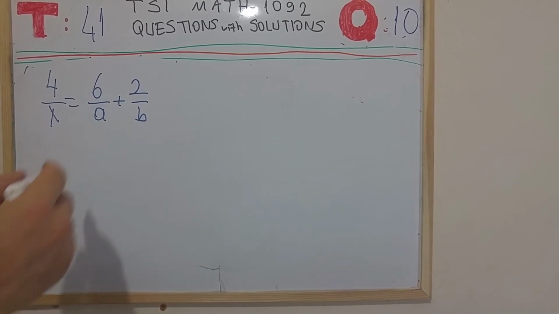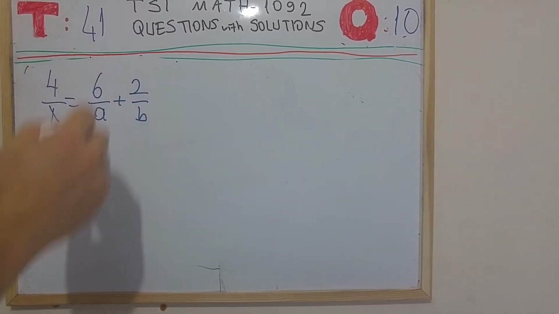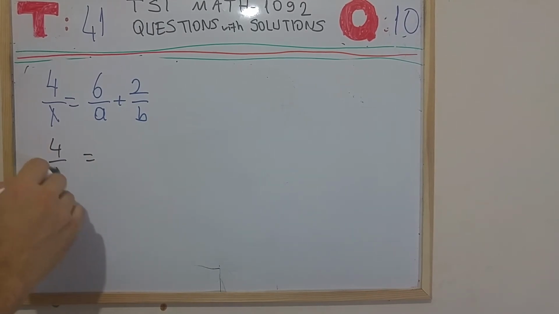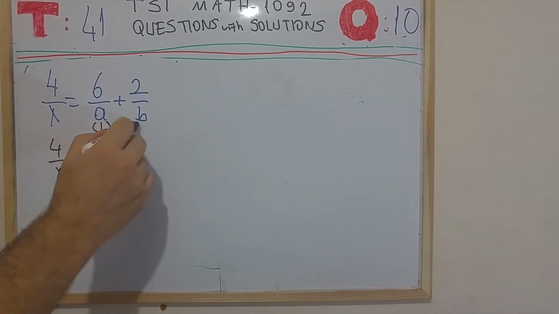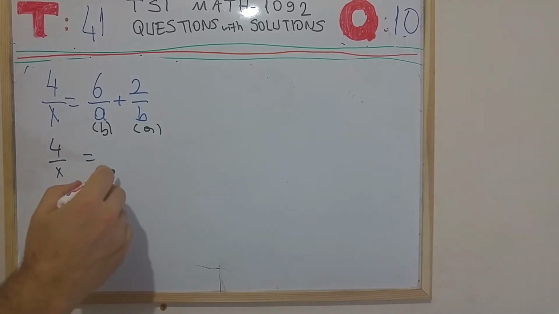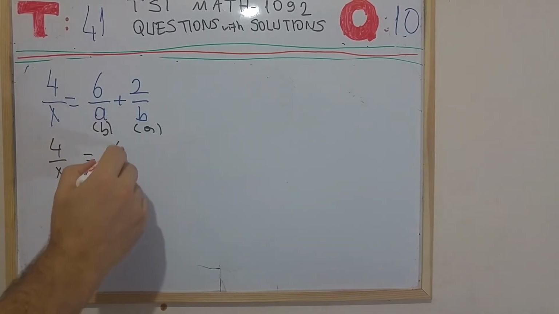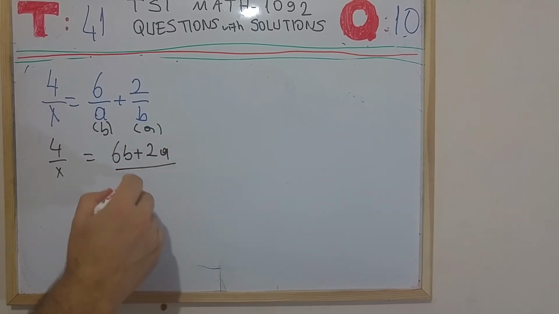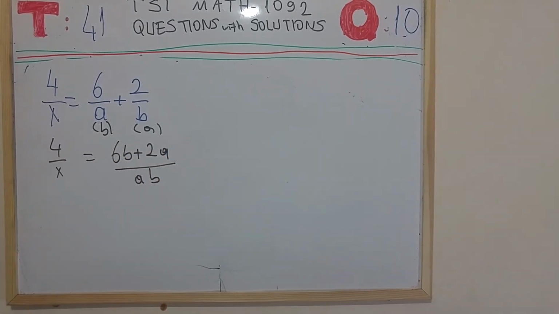At the beginning, let's merge these two fractions by expanding with each other. So what we have is 6b plus 2a over ab. Now let's multiply each side by x, so we get rid of this x.